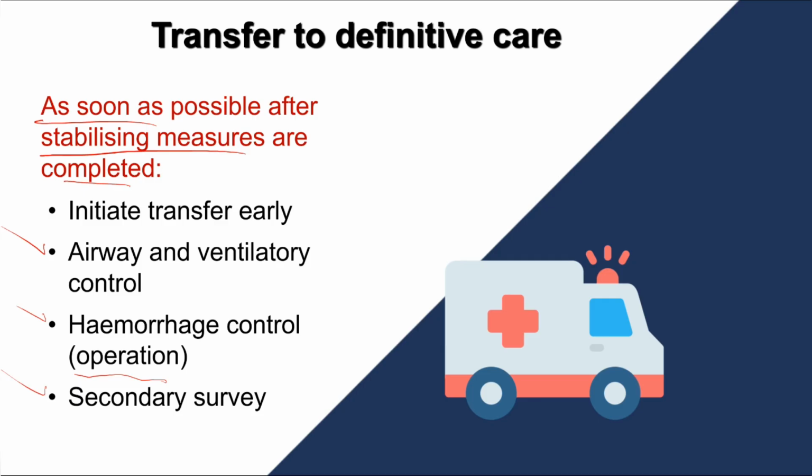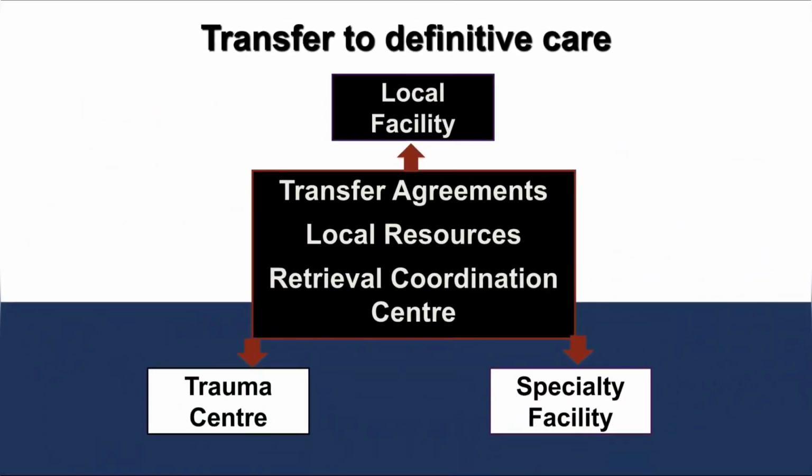Secondary survey is not an issue. You can delay the secondary survey, but you can write down that I have done the primary survey, and the secondary survey is delayed because of rapid transfer need. The local facilities have to be agreed on. So you have to know which patient to transfer to which hospital at which time, which doctor you talk to.